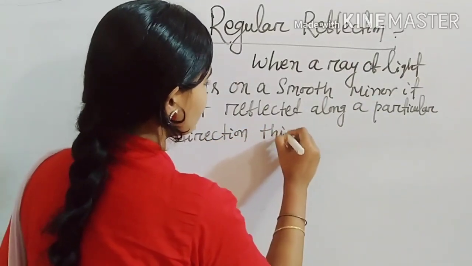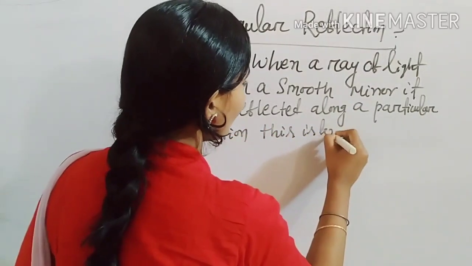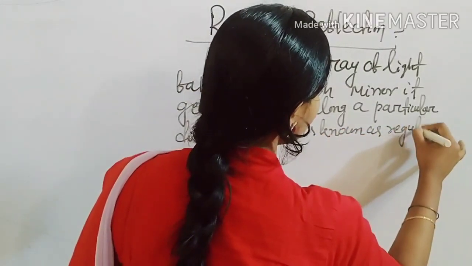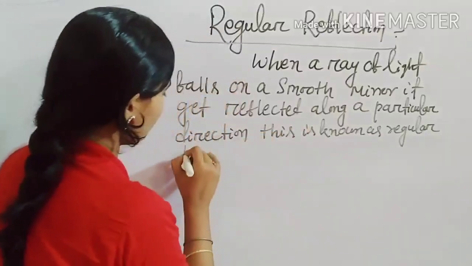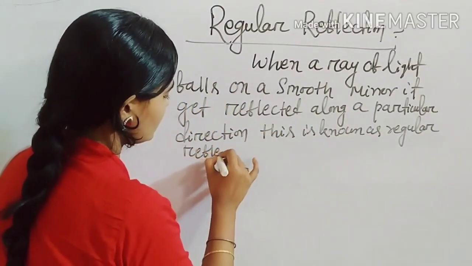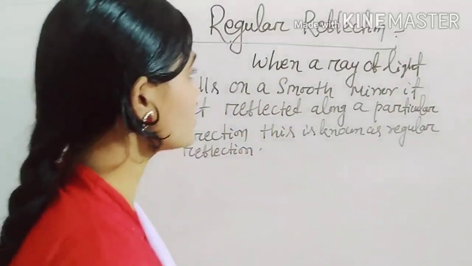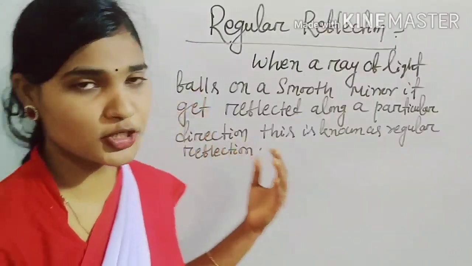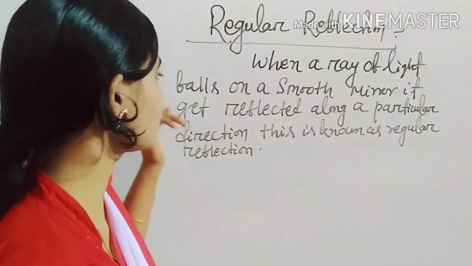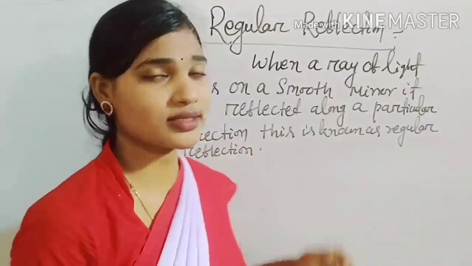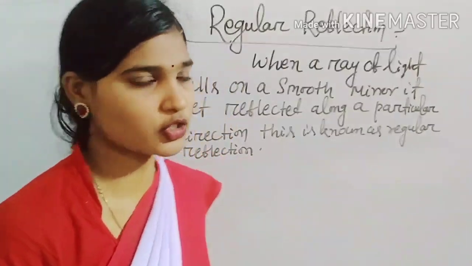This is known as regular reflection. That means when a ray of light falls on a smooth mirror, it gets reflected along a particular direction. This is known as the regular reflection.